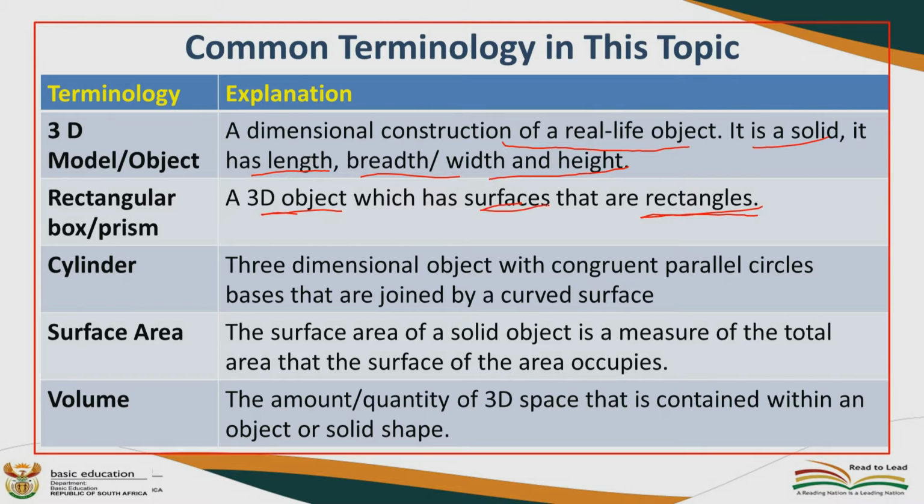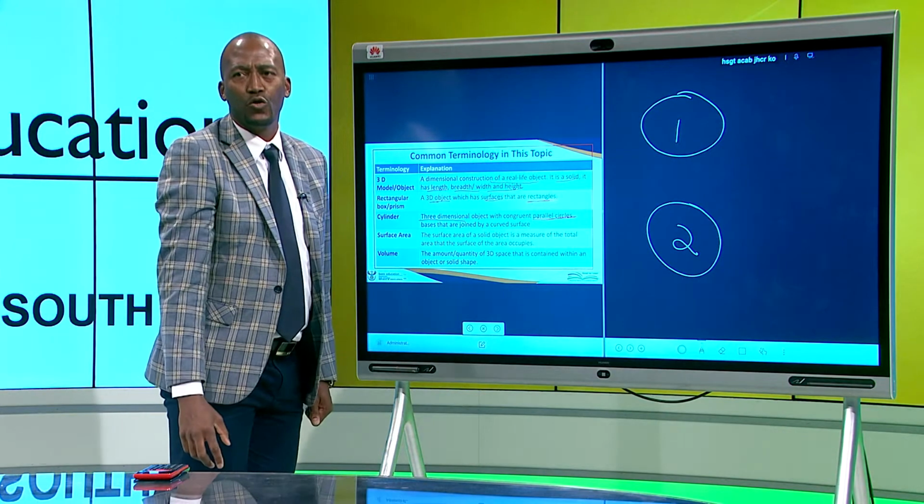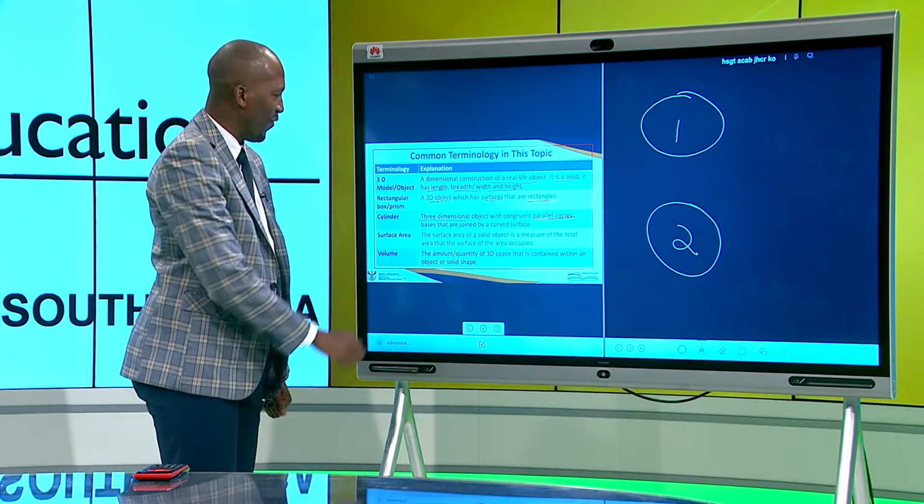The third one is a cylinder. A cylinder is a 3D object, which has two congruent circles which are parallel to each other. You can see circle 1, circle 2, they are parallel to each other. Then you go to the surface area.